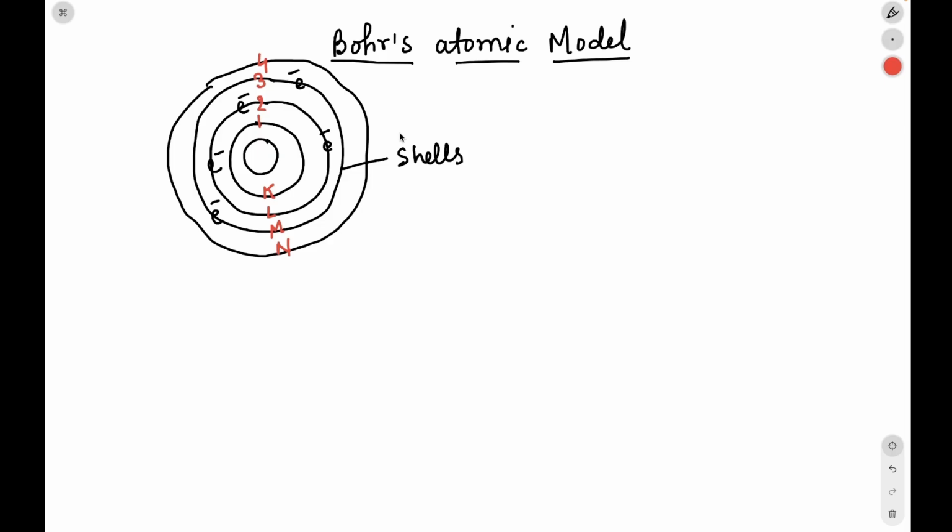So each orbit has fixed energy. So electrons in these orbits do not lose energy, which explains the atom's stability.